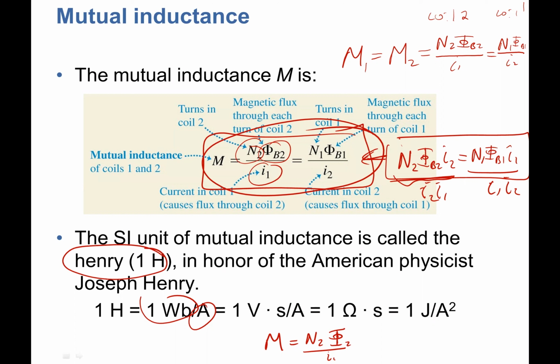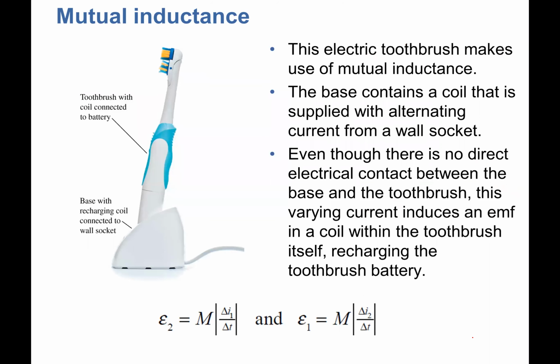Now remember the flux is related: if you're changing flux over time, times the number of turns, this equals EMF. Now if I multiply both sides by delta T, then the number of turns times flux is equal to the EMF times delta T. That means I can replace this guy over here with that, and that's what we're doing in the next slide.